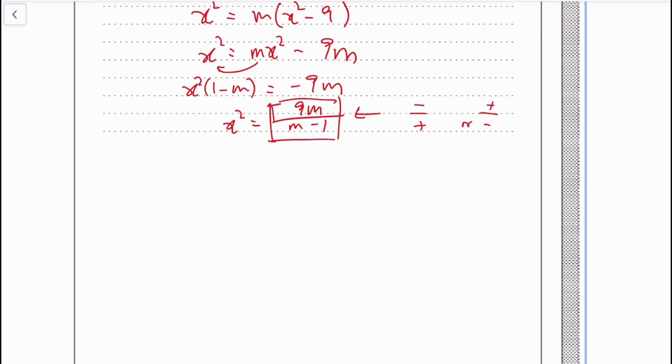Okay, how can the first situation occur, right? Let's think about it. If the top needs to be negative, then m must be negative. But if m is negative, negative number minus 1 is still negative, right? So this case can never occur. Therefore, for this whole thing to be negative, we have to have the top being positive, but the bottom being negative. For the bottom to be negative, so say therefore this is less than 0.